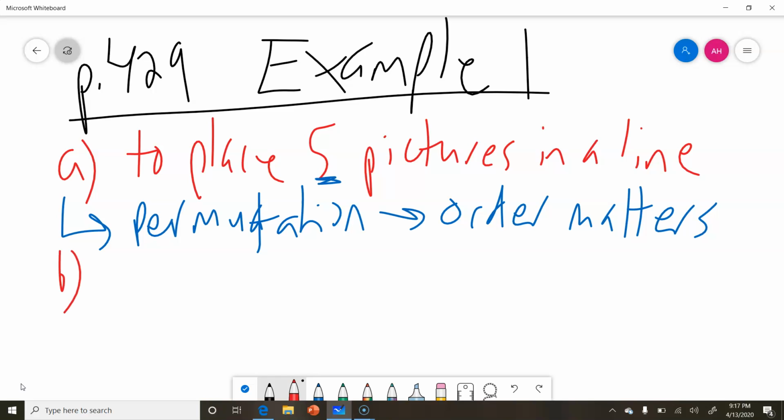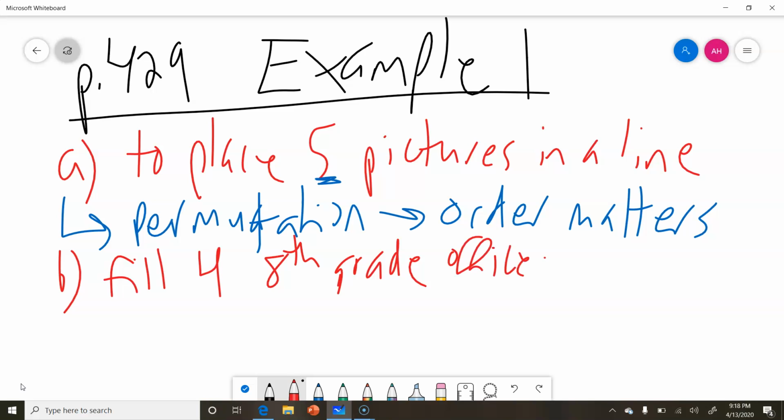Then we go to B. Look what B says. It says the number of ways to fill 4 8th grade offices from 7. Now think about this. It does matter. So this is a permutation again.